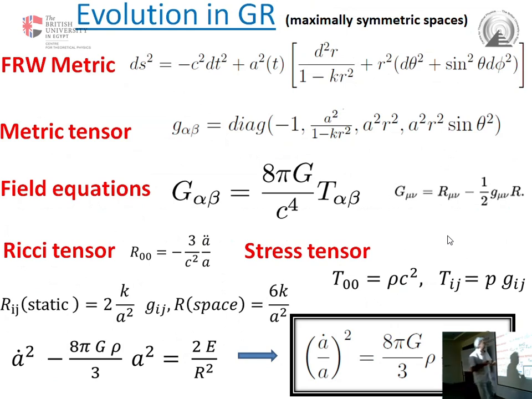No, there isn't, sorry. And so you get your equations. You'll get again your acceleration equation, and you'll get this thing here. You'll get the Friedman equation. Instead of the 2E over R squared, you'll get that.